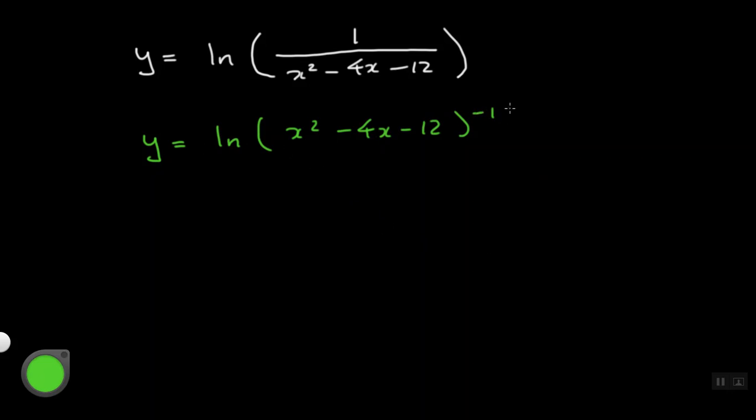Then we can utilize a log property: that power can come down in front, and we've gotten that dealt with. Now we don't have to say -1. So that's a minus ln of x squared minus 4x minus 12. Now we've got a negative to sidestep, but we don't have to differentiate a reciprocal function, and this is going to be a lot smoother.